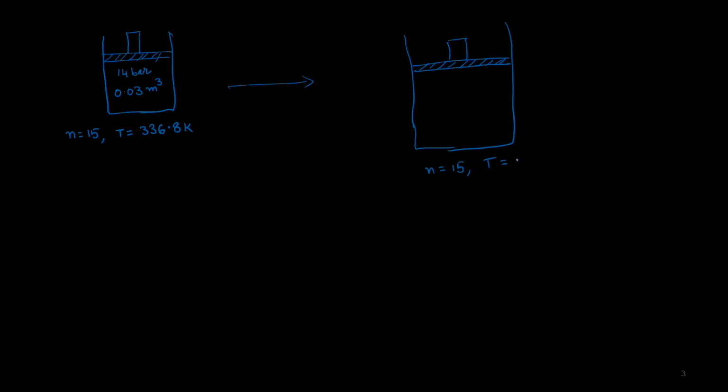We're going to take an isothermal process, so the temperature is going to remain the same. All I'm doing is allowing the pressure to fall by half to 7 bar, which means the volume is going to double to 0.06 meter cube. So we have double the volume, everything else being the same, and the pressure reduces by half.